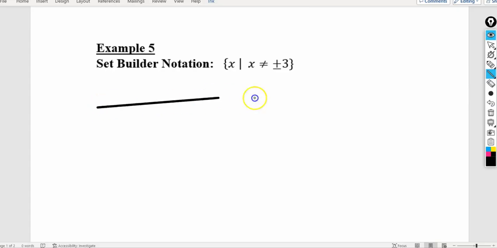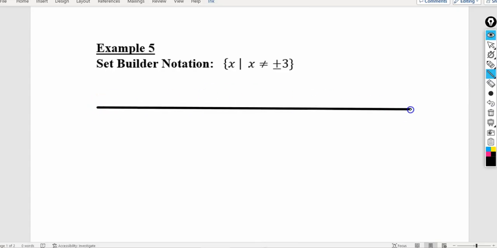Get it on the number line, look at the number line, and then go from left to right. So we're going to need to find -3 and +3 on the number line, and then exclude them. X is not allowed to be -3. X is not allowed to be 3. And it can be anything else.